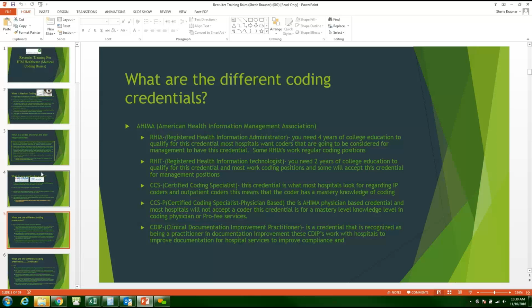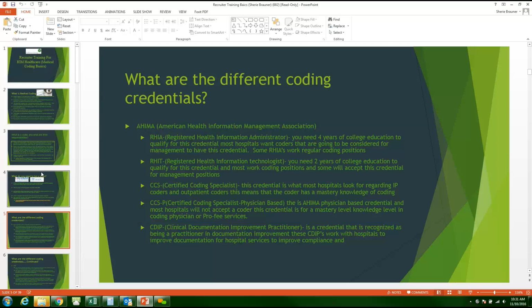CCS, Certified Coding Specialist. This credential is what most hospitals look for regarding inpatient coders and outpatient coders. This means that this coder has a mastery knowledge of coding. CCSP, Certified Coding Specialist, Physician-Based. This is an AHIMA physician-based credential, and most hospitals will not accept a coder with this credential.